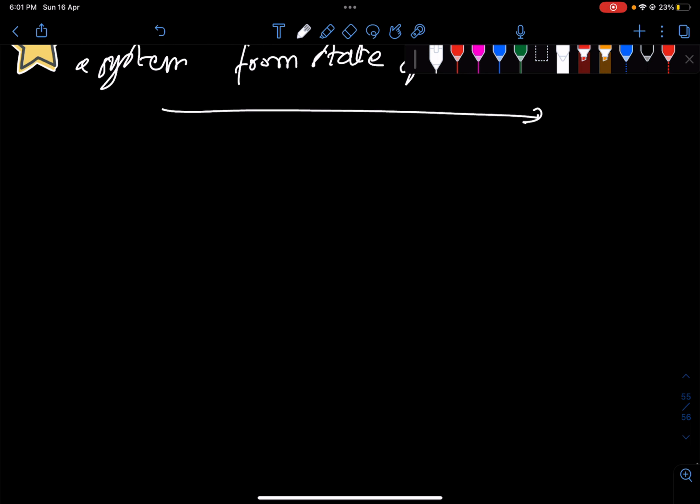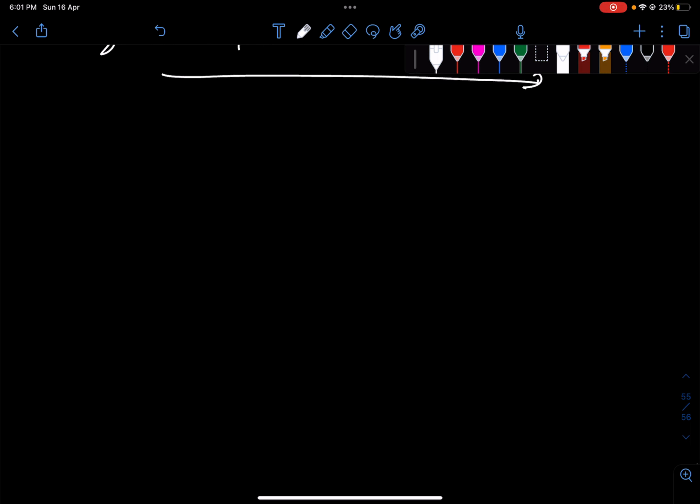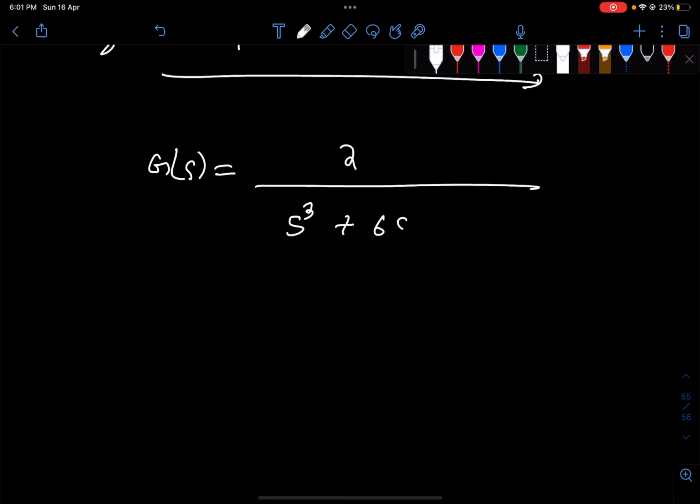So what is the next thing we should do? Suppose you have a transfer function G(s) as 2 divided by s cube plus 6s square plus 11s plus 6. So this is your transfer function.